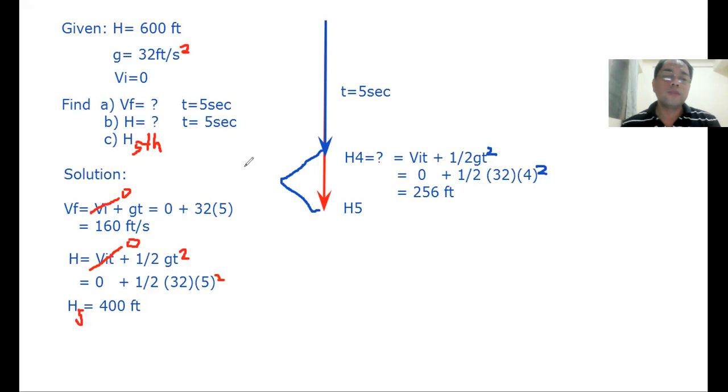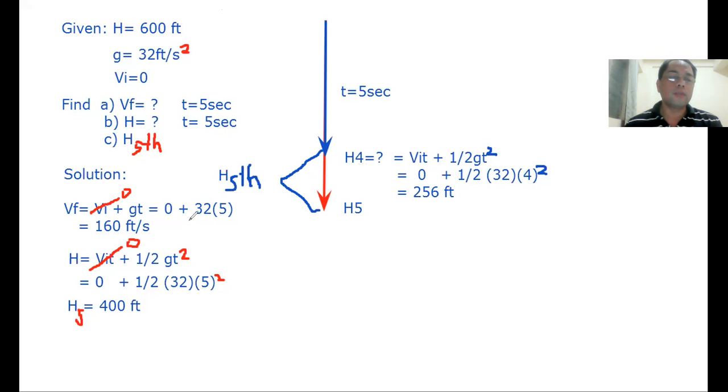So this value here is the distance h during the 5th second only. How far is that distance traveled during the 5th second? That's equal to the difference.